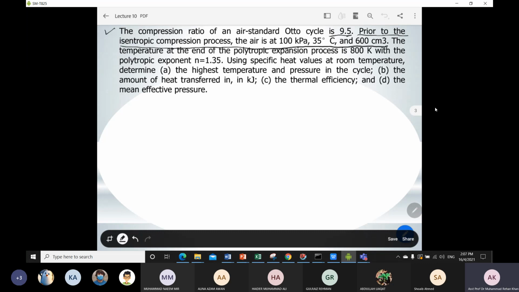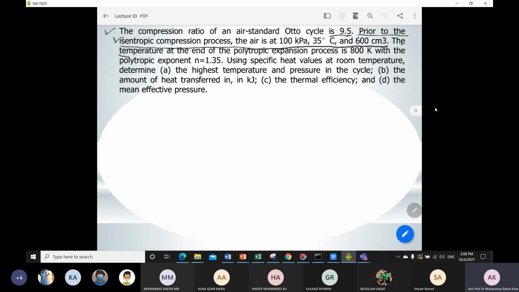So in the question it is mentioned that your compression process takes place isentropically. That means at the start of your compression process, pressure is 100 kilopascal, temperature is 35 degrees Celsius, and volume is 600 centimeter cube, which is your V1.